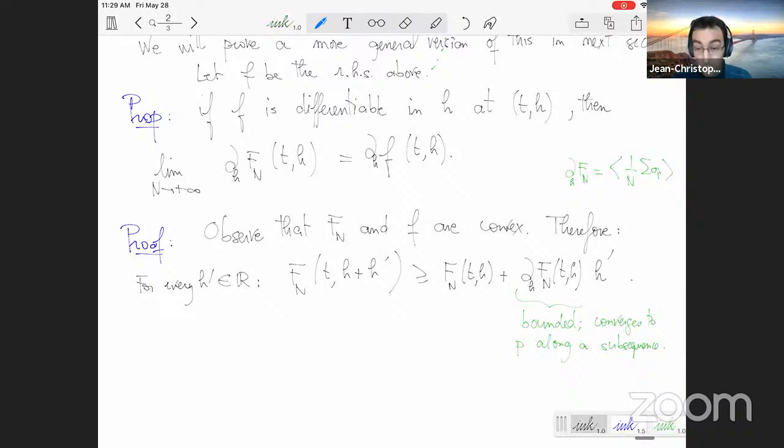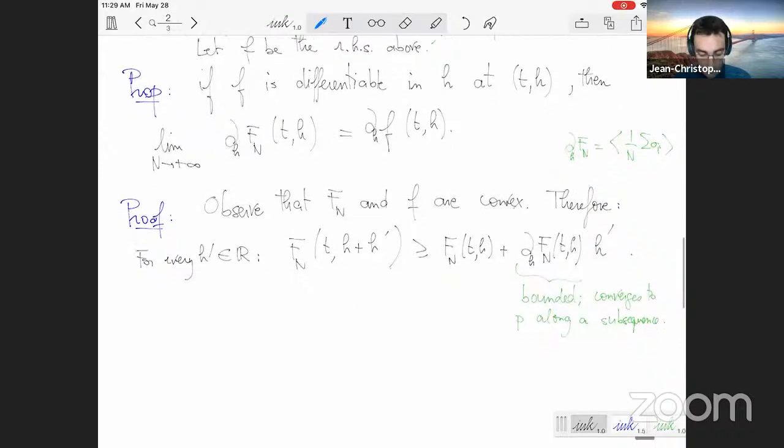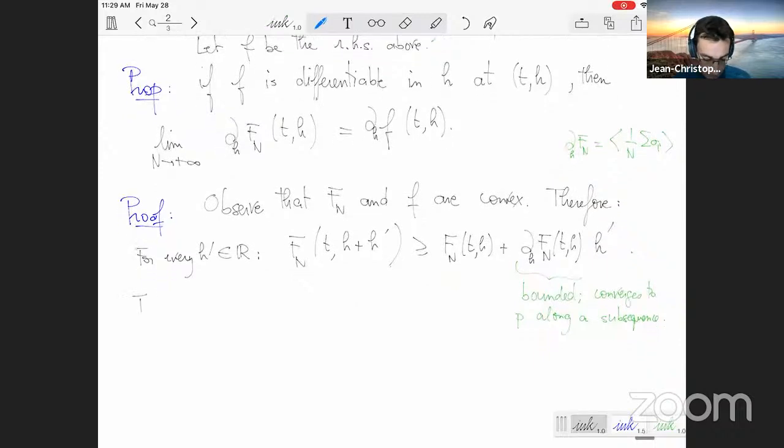So if I pass to the limit in the inequality I wrote along this subsequence, I get, for every h prime, f of th plus h prime is larger than f of th plus p h prime.